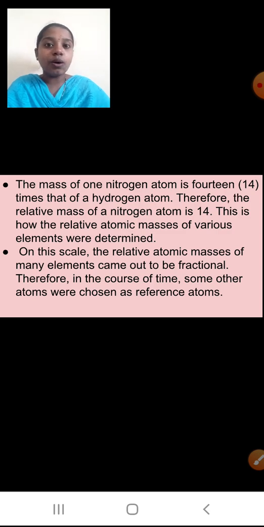After this, oxygen was also used. It is not given in your text, but remember oxygen was also taken as a reference atom. But oxygen also could not give accurate answers for the atomic masses. So now we will see which one was taken as the reference.